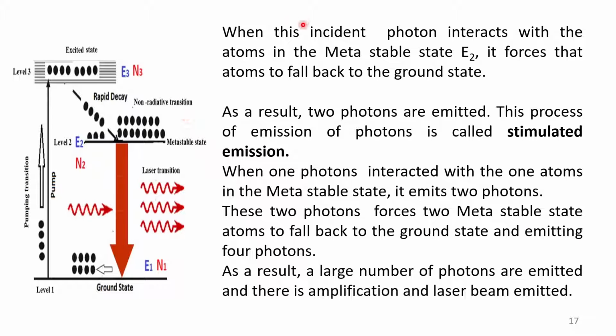Now, when the incident photon interacts with the atoms in the metastable state E2, it forces those atoms to fall back to the ground state, and as a result, two photons are emitted.